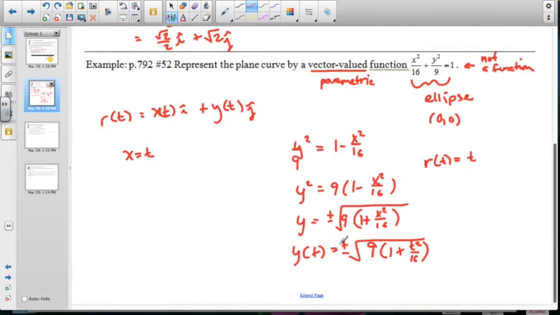So the vector valued function here for the top half of this curve would be t in the i direction plus, because we'll take the positive root, that would be the upper portion of the ellipse, the square root of 9 times 1 minus t squared over 16. And then the lower half of the ellipse, maybe we'll call that s of t, would be t in the i direction minus the square root of 9 times 1 minus t squared over 16. So there would be the two parametric vector valued functions that represent that ellipse.